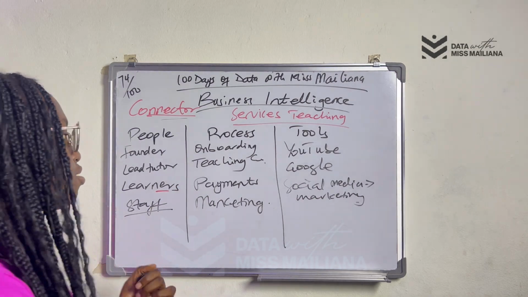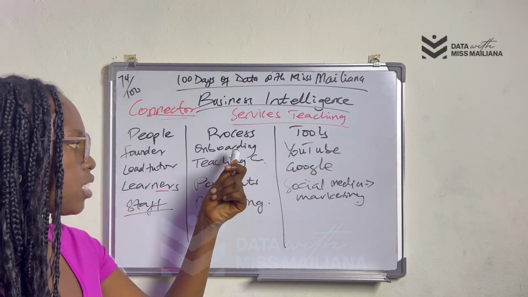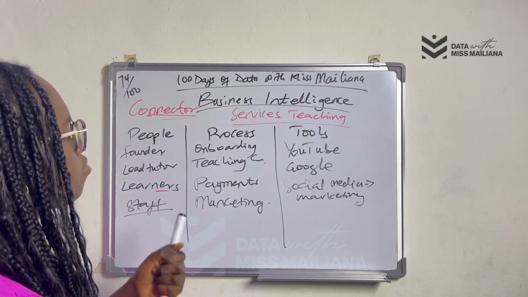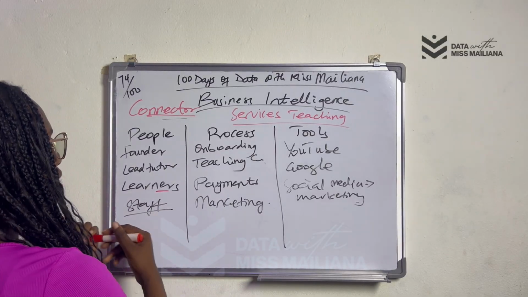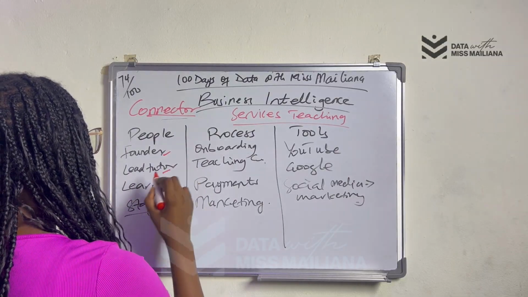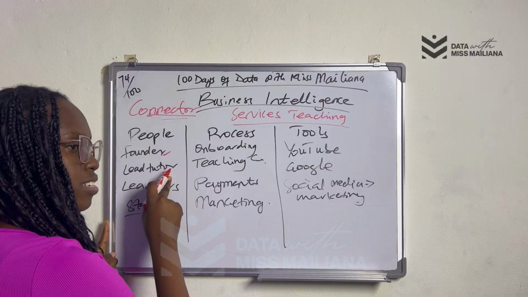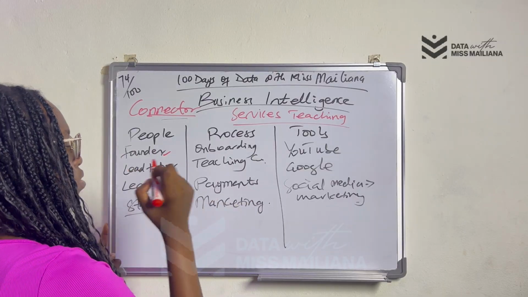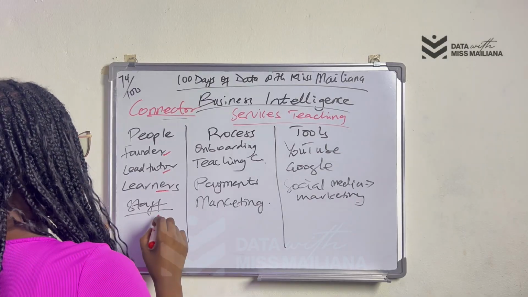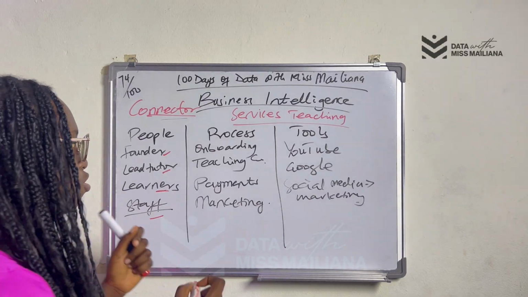The staff are there to teach, to make sure onboarding goes well and all that, payment is done, marketing is done as well. So you have to know, okay, this is what the founder wants and can do. This is what the lead tutor does on a daily basis and what they want. This is what the learners want and what you can do, right? And then this is what the staff also do.